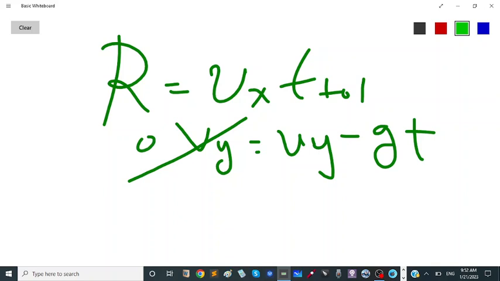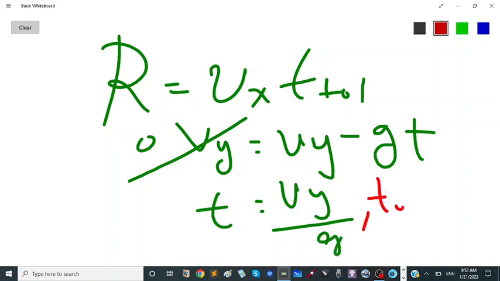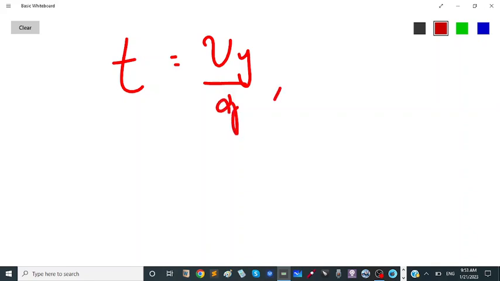So from that we say that t is equal to Uy over g. But here remember t total is equal to 2 times t. So instead of t, it is Uy over g, but t total is 2t.